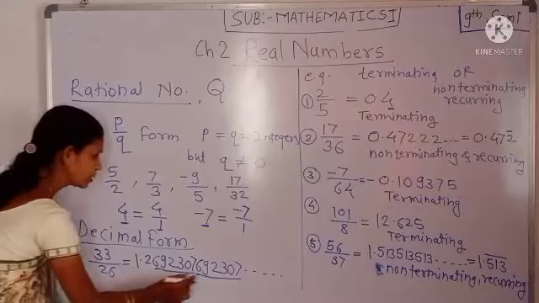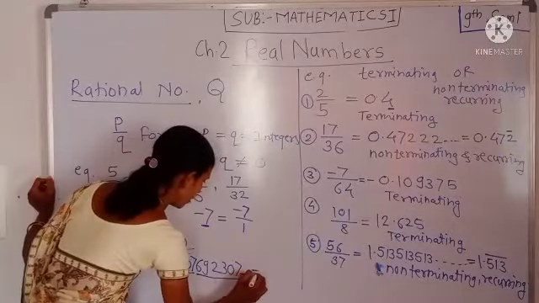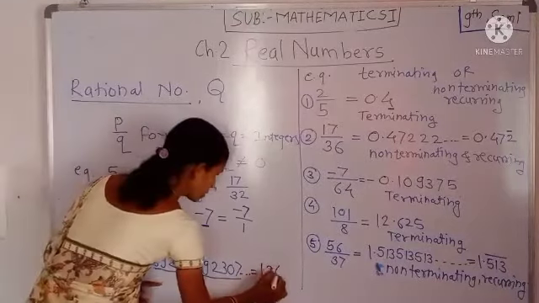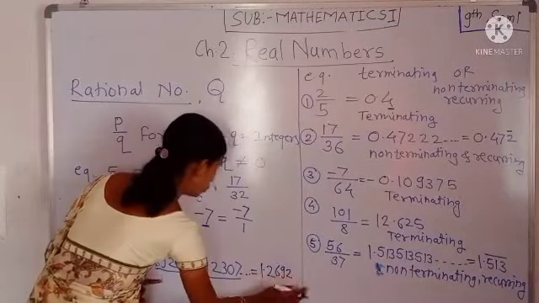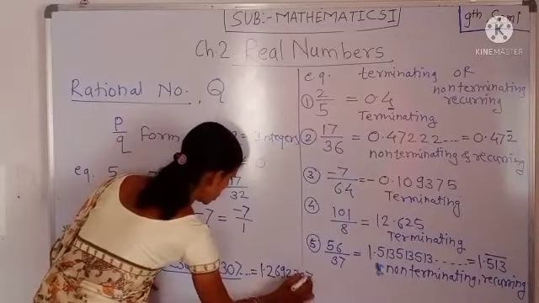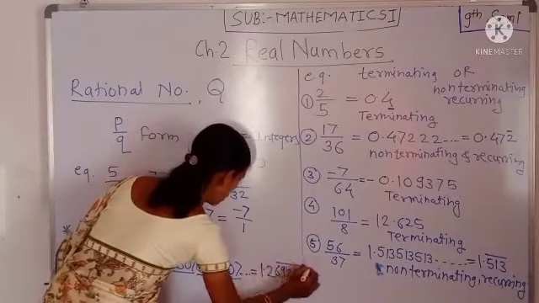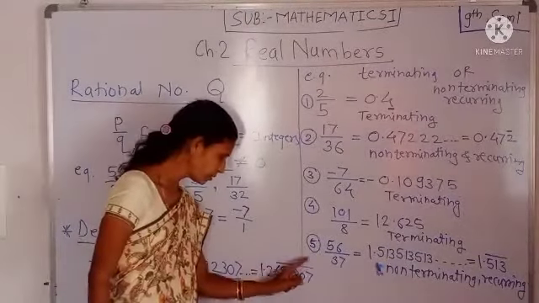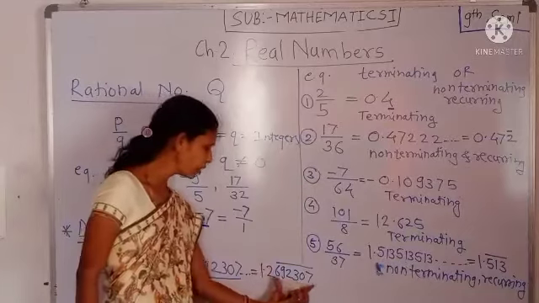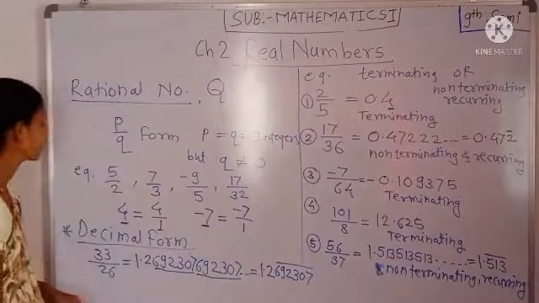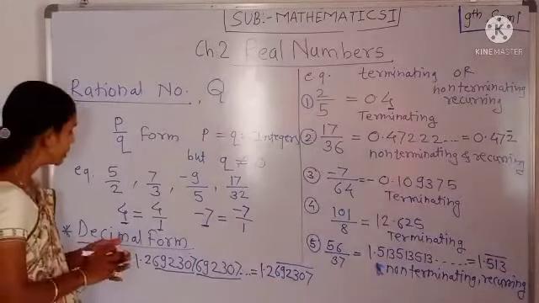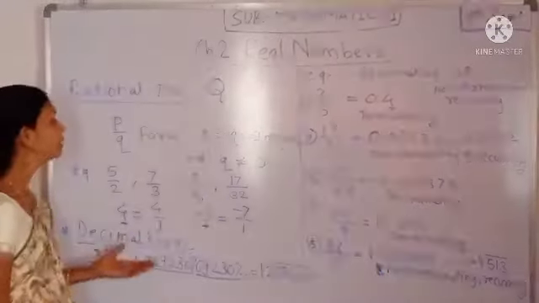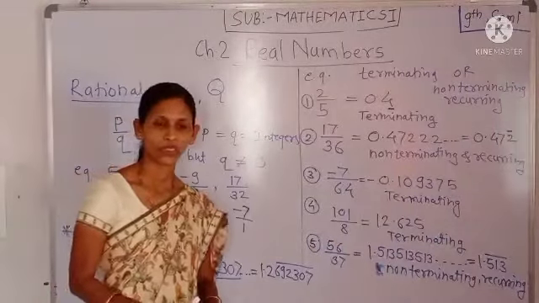Therefore it is written like this: 1.2 with a bar over 69230. That set gets repeated. Therefore the bar sign is used only on the repeating numbers.